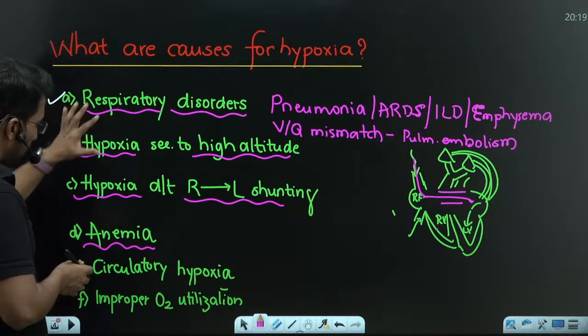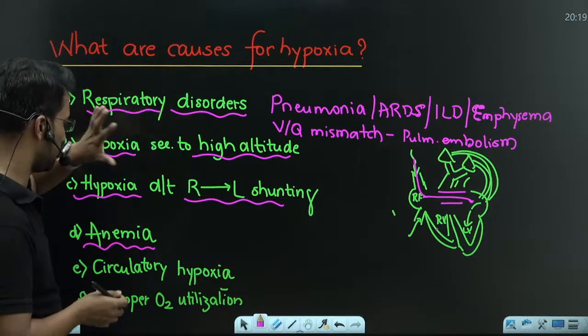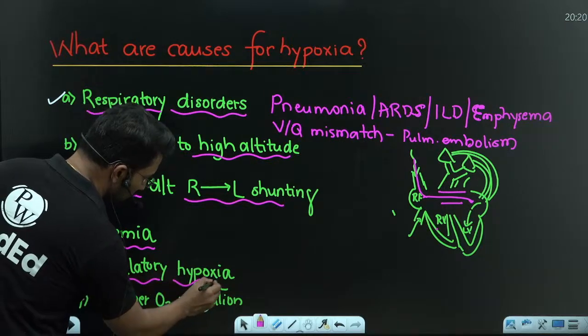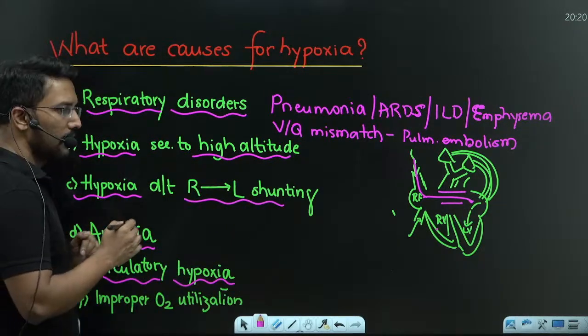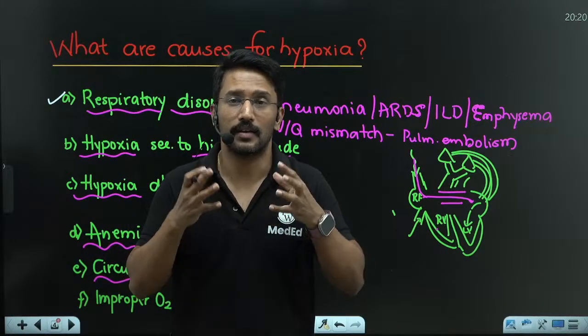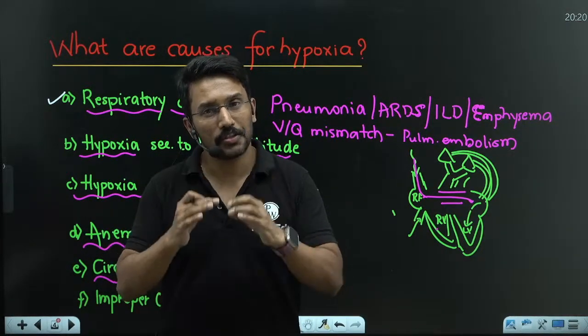Okay. Now, these are all conditions where we have hypoxemia leading to hypoxia. But we can also have what is called circulatory hypoxia. Now, what does it mean? Circulatory hypoxia is where, in conditions with reduced cardiac output, the blood oxygen level is fine.